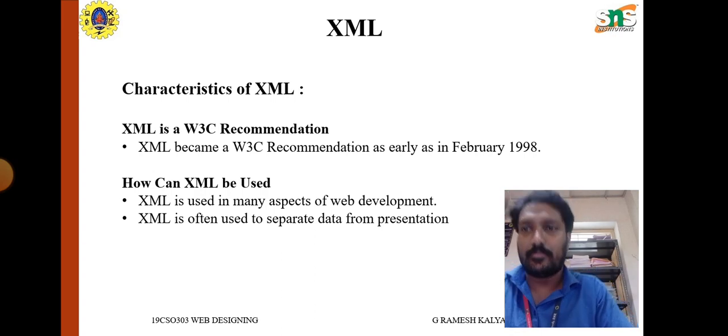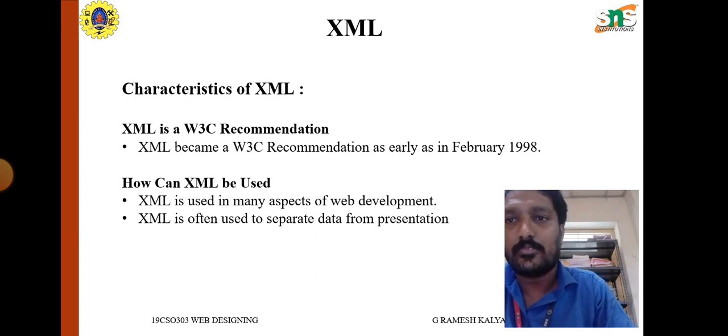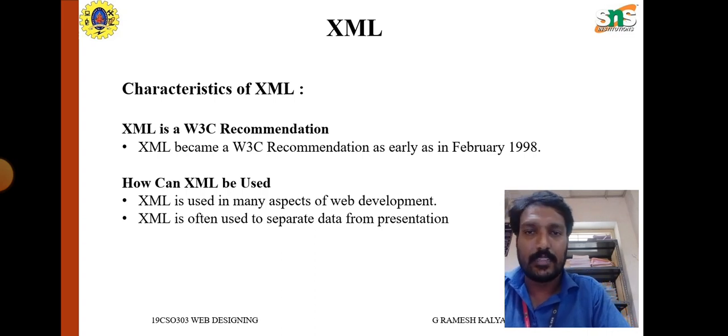As we saw previously, XML is a W3C recommendation. XML became a W3C recommendation as early as February 1998. As I said in the previous video, W3C is the World Wide Web Consortium. This is an organization or a committee that gives recommendations for a particular language. Only after getting the recommendation from the W3C committee could the language be available for the general public.